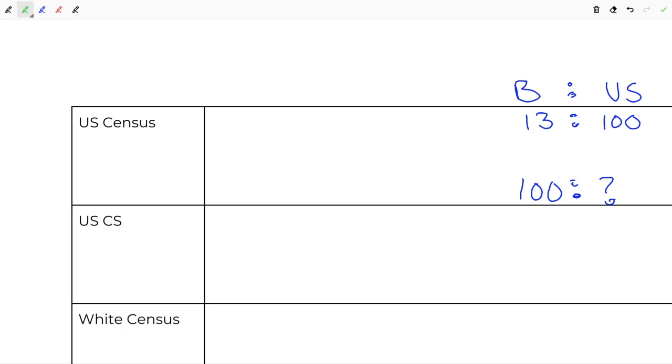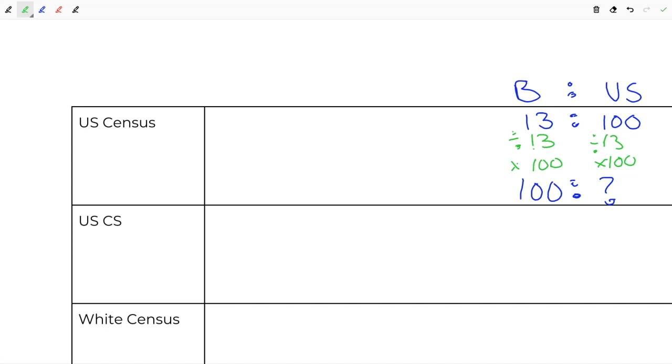So remember, we do that by going through 1. We divide by 13 first to get 1, and then we multiply by 100. And what we do on one side of the proportion, we need to do on the other. So we're going to take 100 and divide it by 13, and then multiply it by 100.